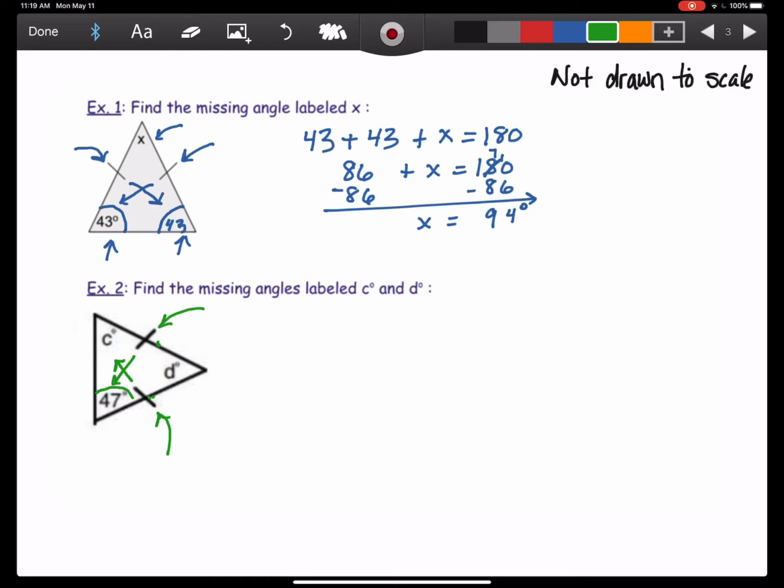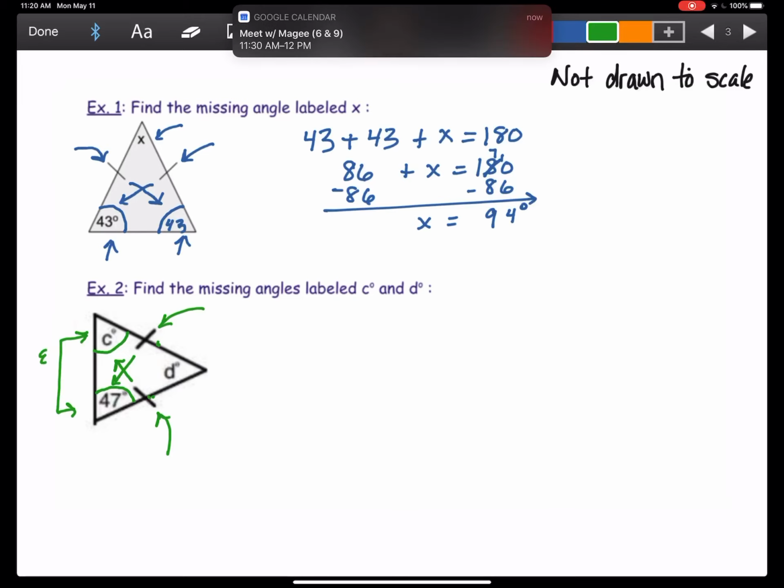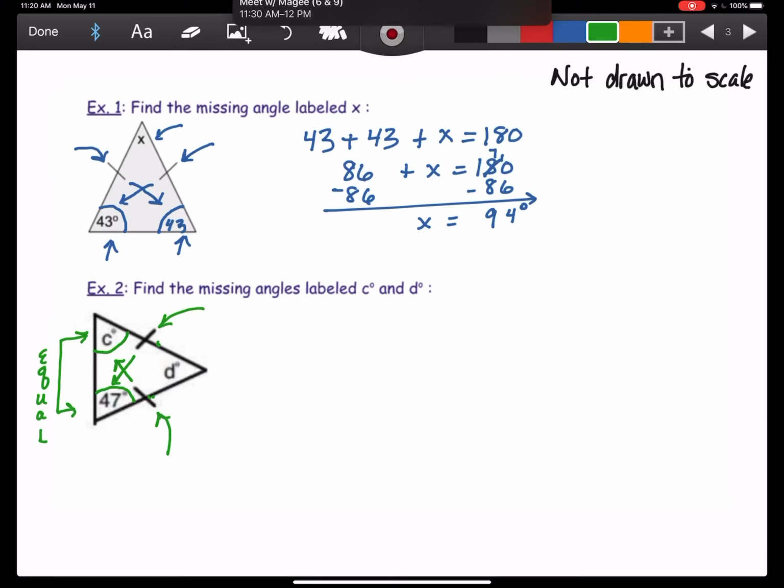So if we know this one is 47 degrees, then we know that C is equal to 47 degrees. These are two equal angles. So the first thing we're going to say is that the angle labeled C degrees is equal to 47 degrees. That's the first thing. Now we have to figure out D.